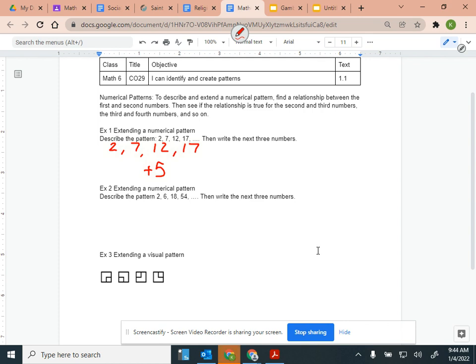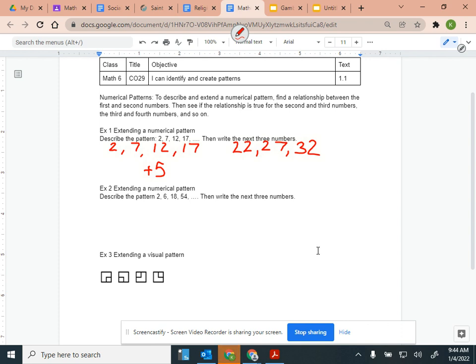Knowing that, can you write the next 3 numbers? What would they be? 22, then what? 27. 32. Yeah, so if we're adding 5 each time, we can continue the pattern. So the first step to finding a numerical pattern is being able to describe it.